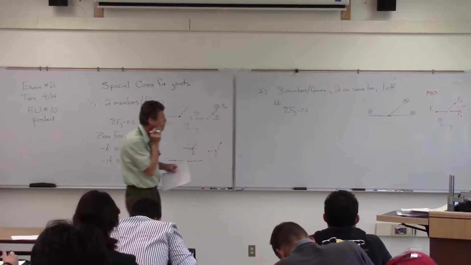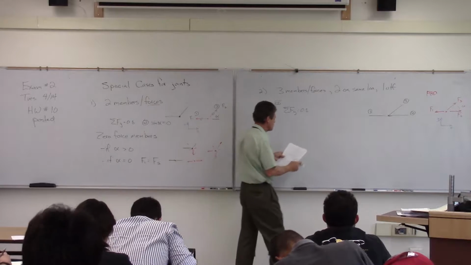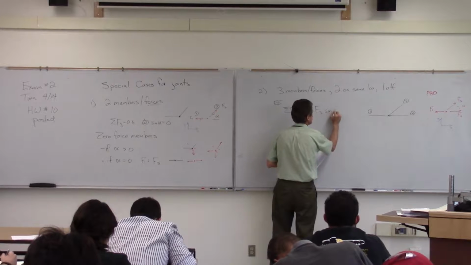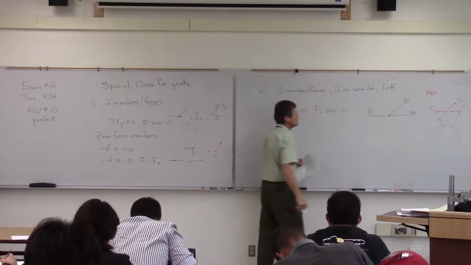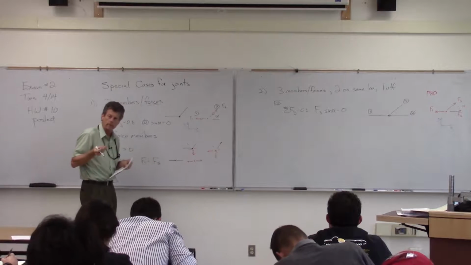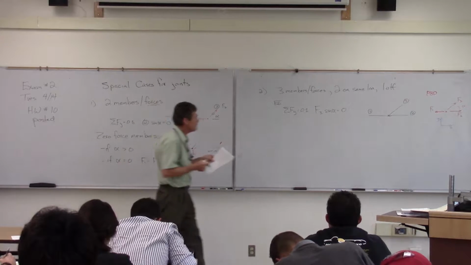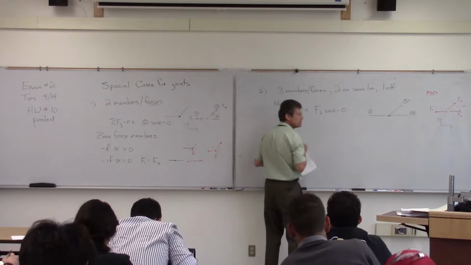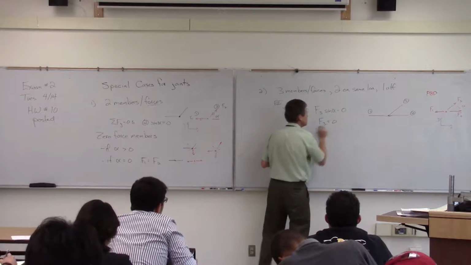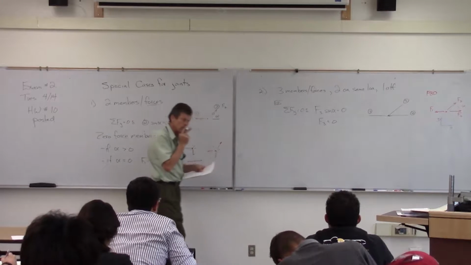It's a point equilibrium or particle equilibrium there. So that implies F3 times sine of alpha is equal to 0. There's no contribution from 1. There's no contribution from 2. And again, since sine of alpha is not equal to 0, this implies then that my F3 has to be equal to 0.